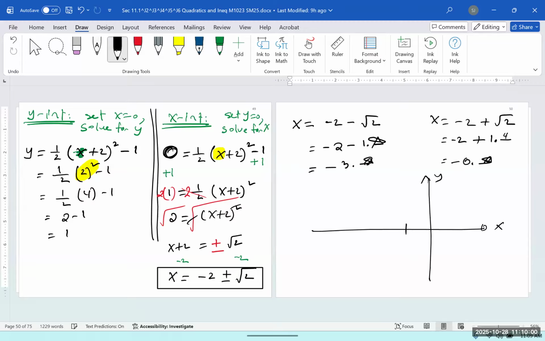So -1, -2, -3, -4. Now, -0 point something, it's between which two numbers? Between 0 and -1. So somewhere here, there is one x-intercept.